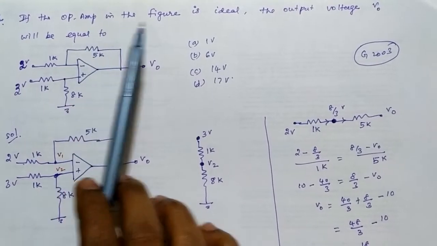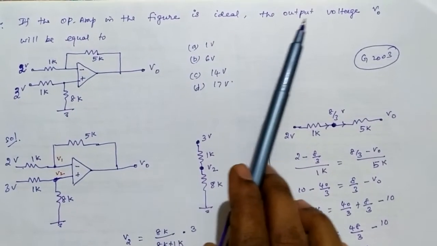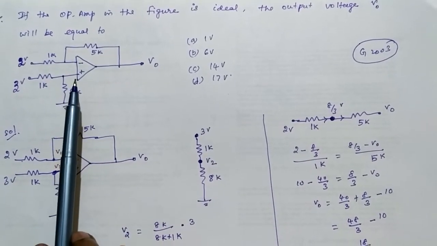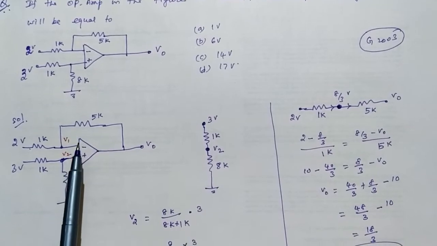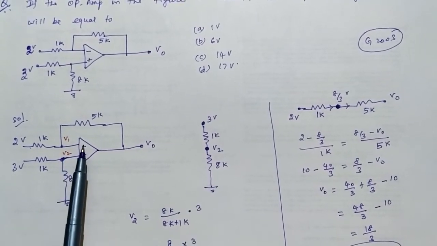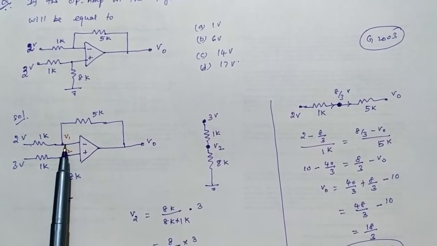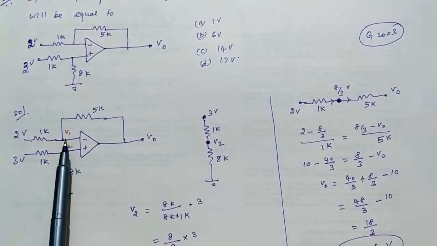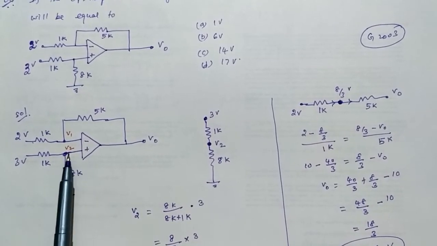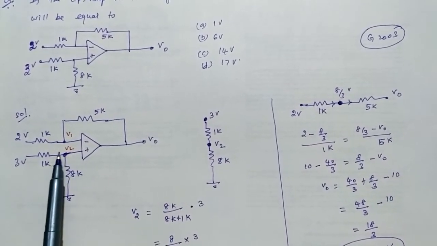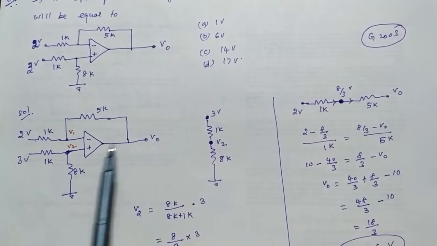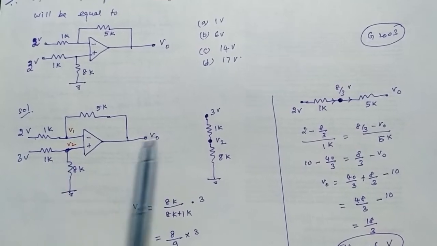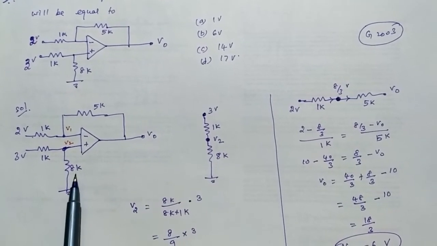If the op-amp in the figure is ideal, what will be the output voltage of this circuit? Once again we draw here the inverting terminal having the voltage V1 and the non-inverting terminal having the voltage V2. This part we will draw separately: 3 volt supply followed by 1 kilo ohm resistor, then V2, and the 8 kilo ohm grounded.